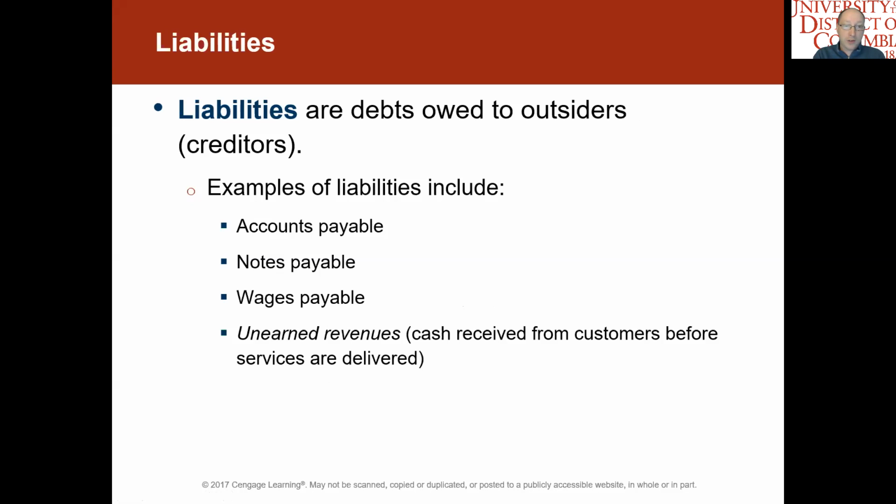You can include things like a mortgage, a vehicle loan, or other types of loans that the business has taken out but has not yet paid back. Wages payable. These are wages that the business owes to its employees that has not yet been paid. And unearned revenues. This is cash that I received from my customers, but I have not yet delivered the goods or the service.